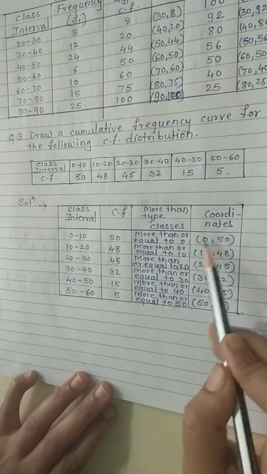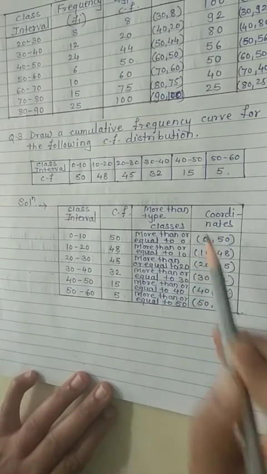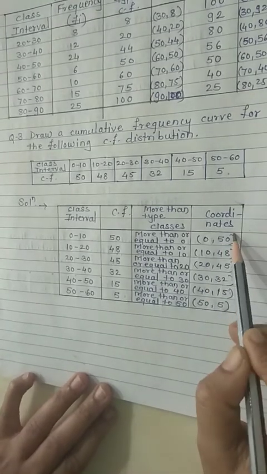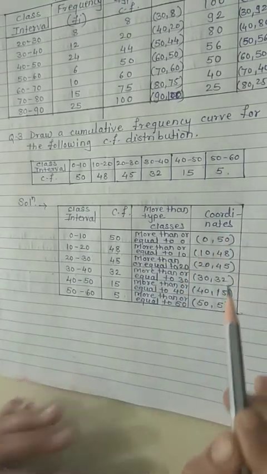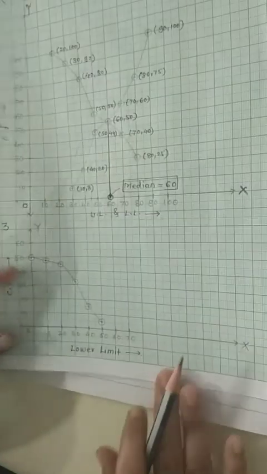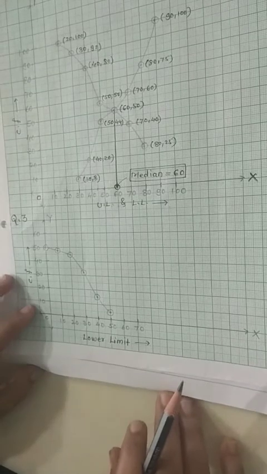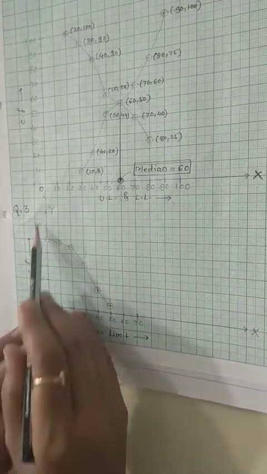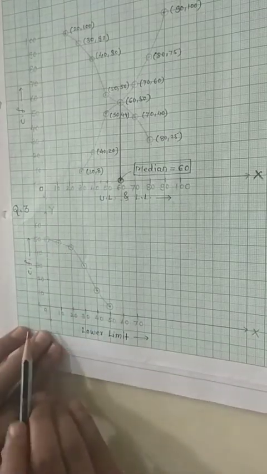So get the coordinates, that is lower limit as x coordinate and corresponding cumulative frequencies as the y coordinate. So these are the points that we are going to plot on the graph paper. Here the lower limits are on the x-axis and cumulative frequency we take along the y-axis.